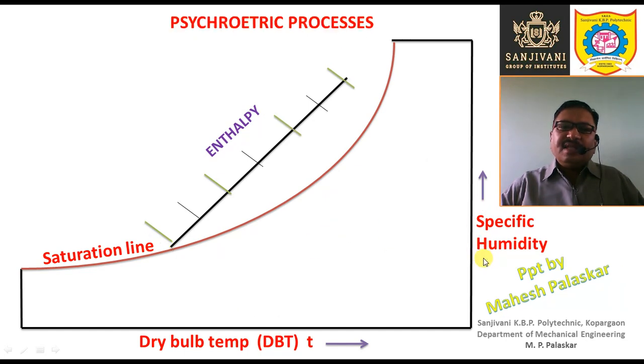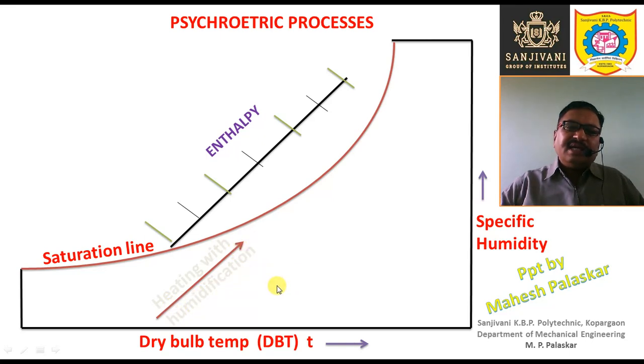Okay. Now a few more processes we are going to study, the combination of heating and humidification. So this is heating with humidification. This arrow indicates the process heating with humidification. So heating means to the right and humidification means upwards. So this is the resultant, right and upwards.